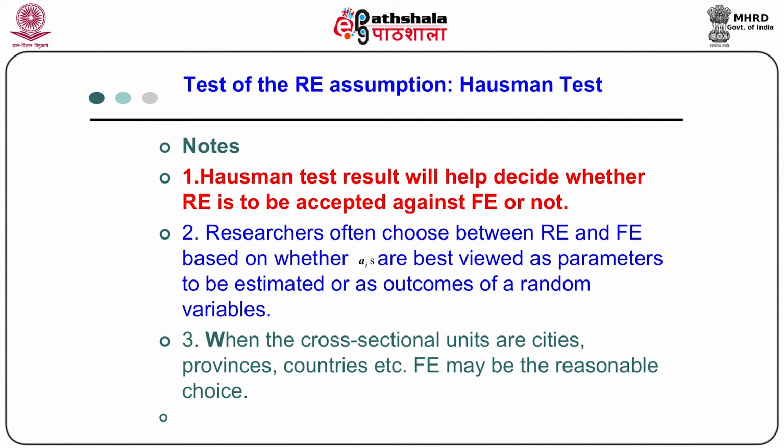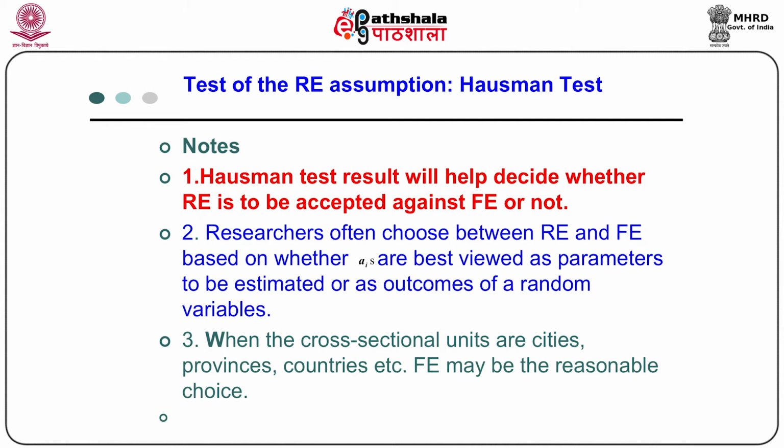Researchers often choose between random effect and fixed effect based on whether the alpha_i are best viewed as parameters to be estimated or outcomes of a random variable. So, in the fixed effect model we treat the alpha_i as parameters, and in the random effect model we treat the alpha_i as basically coming from a random sample of a suitable population.